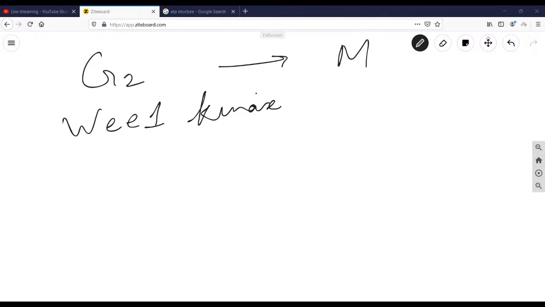It can cause phosphorylation of two entirely different classes of amino acids. One is tyrosine, and one is threonine. It can add a phosphate group.